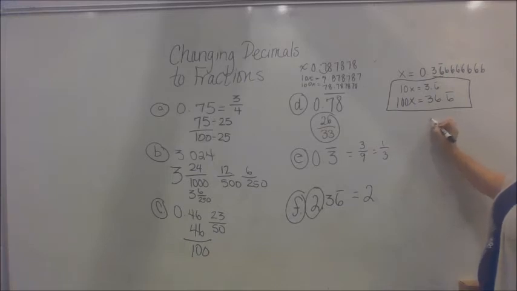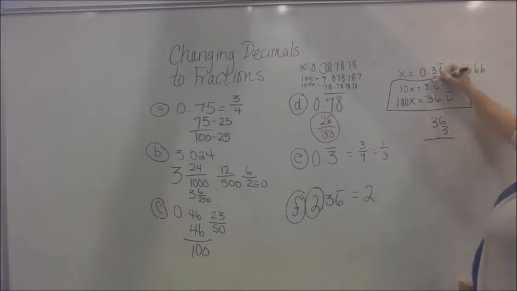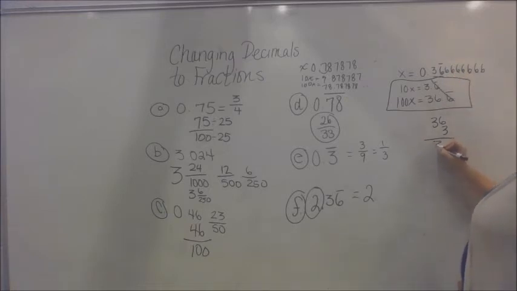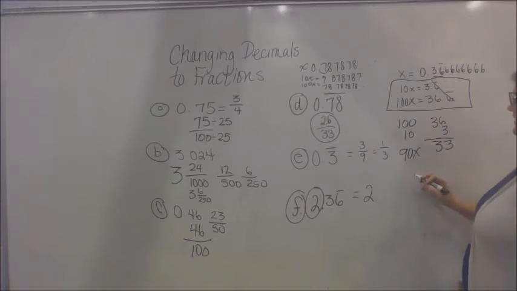So basically I'm doing 36 minus 3 because we know those cancel, and getting 33. I'm doing 100 minus 10 and getting 90x. So 33 over 90 equals x.